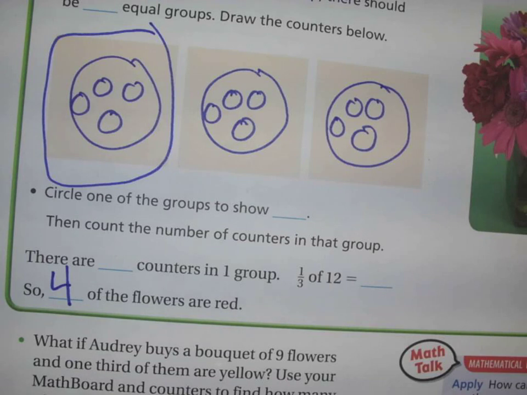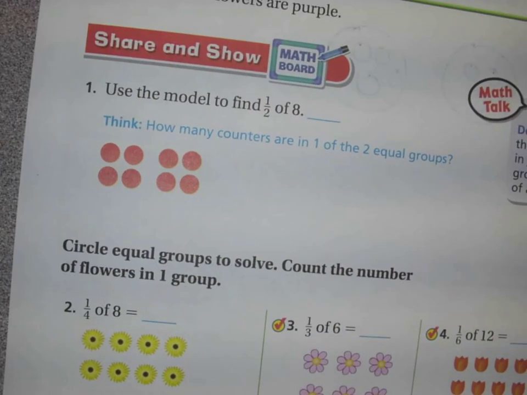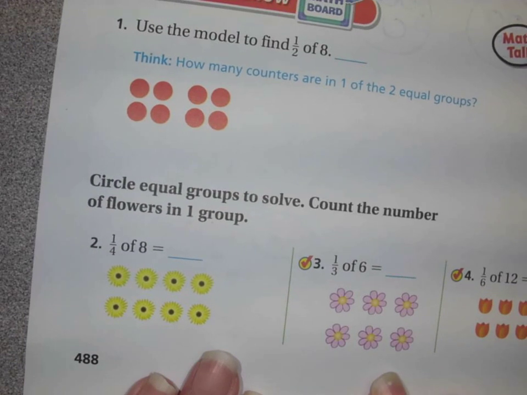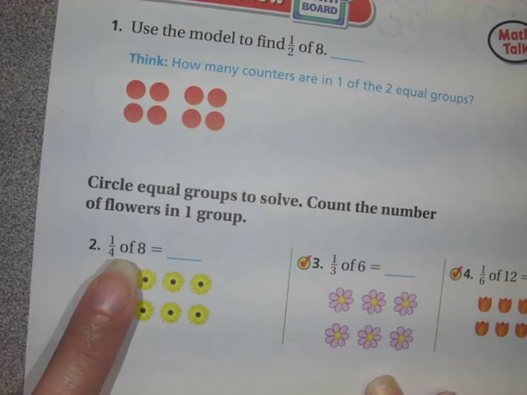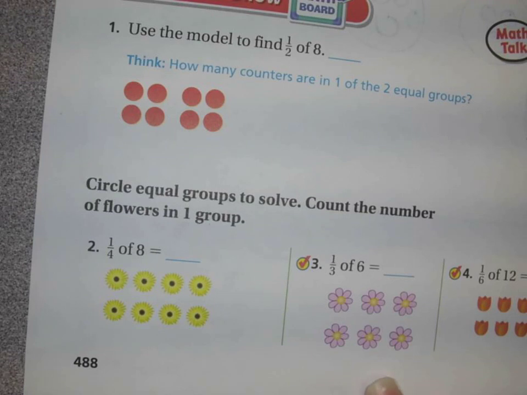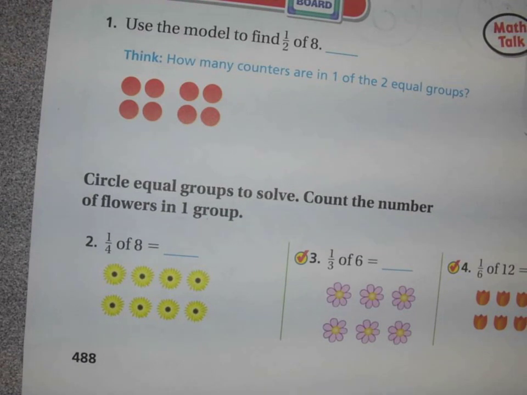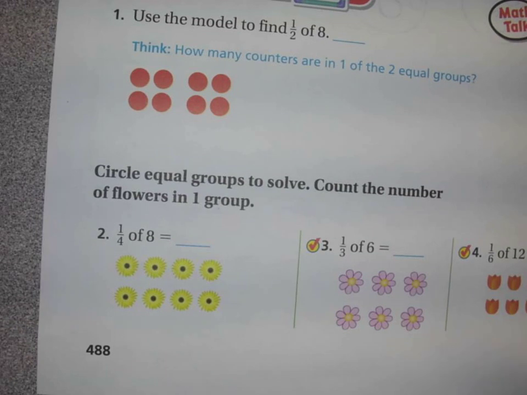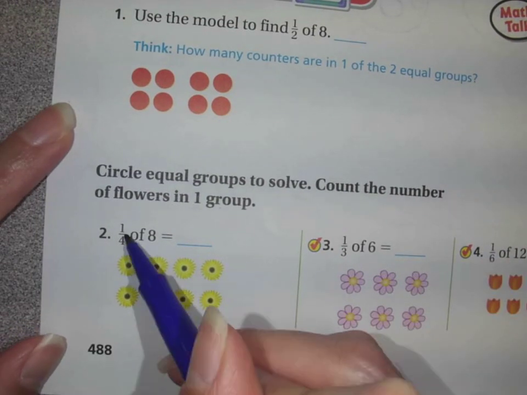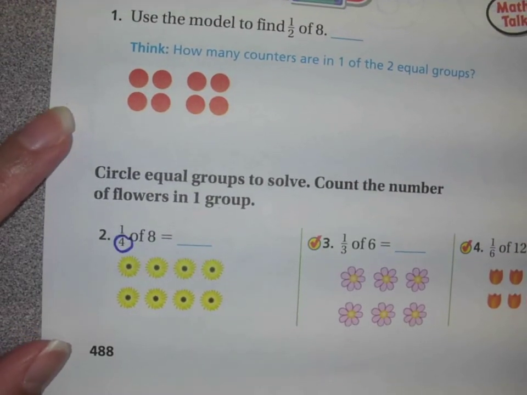Now I'm going to show you how I did that again. We're going to practice some more. All right. So we're solving 1/4 of 8. 1/4 of 8. Now, look at our denominator, it is 4. So we need 4 groups.